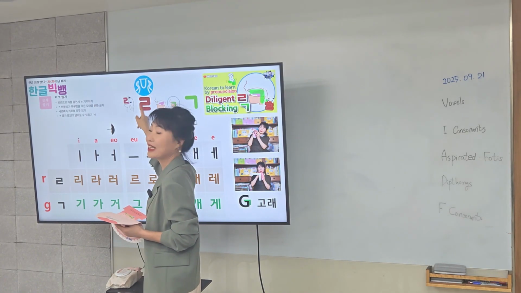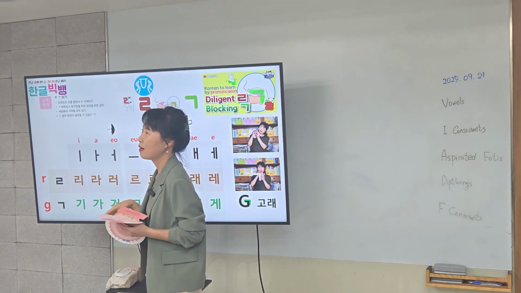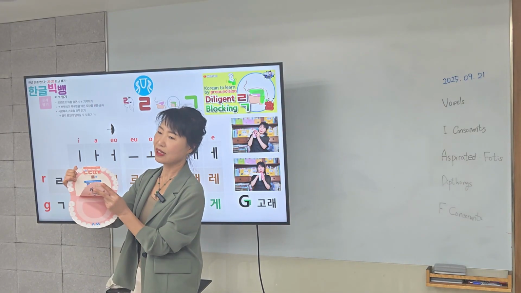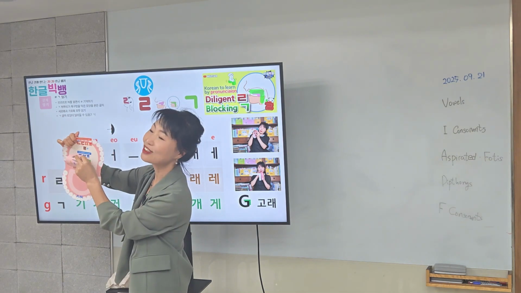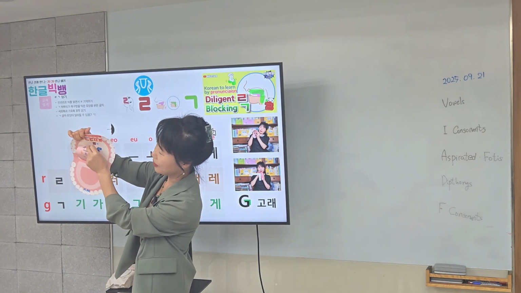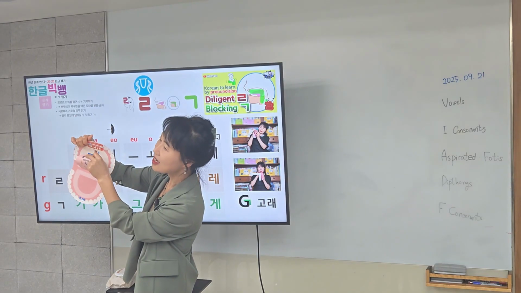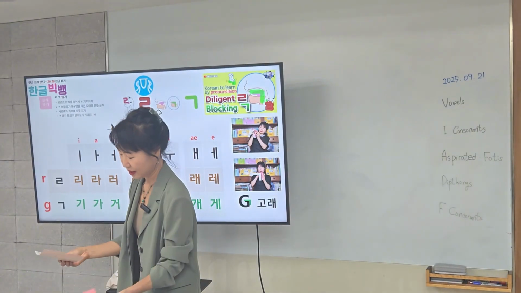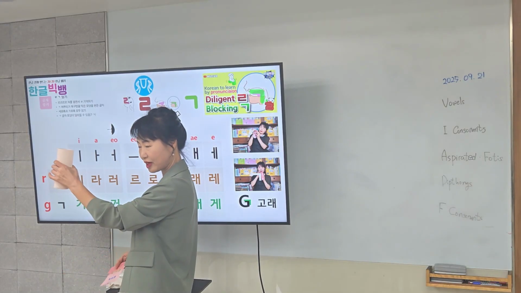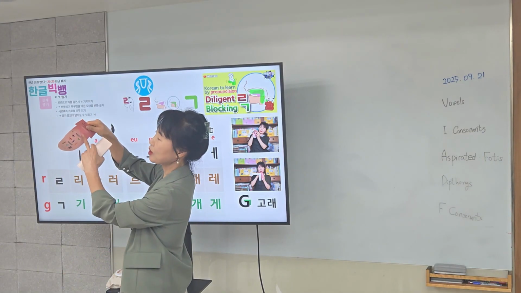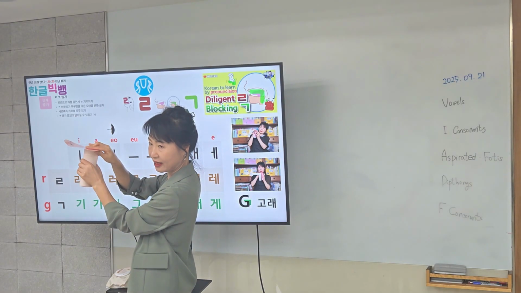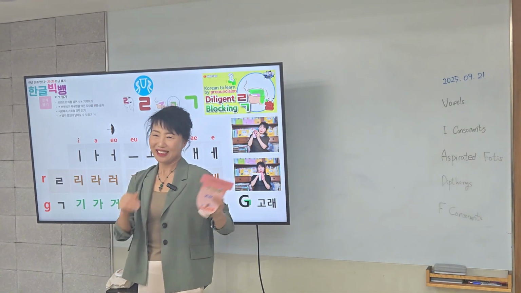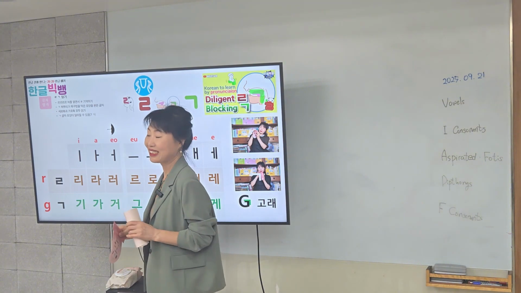So it is L, L. L is written as R, but you should pronounce L by flicking your tongue against the roof of your mouth, like this, L, L, L. Then for K, the root of your tongue blocks your throat like this. This is K, K, K. K is between G and K, but closer to G.